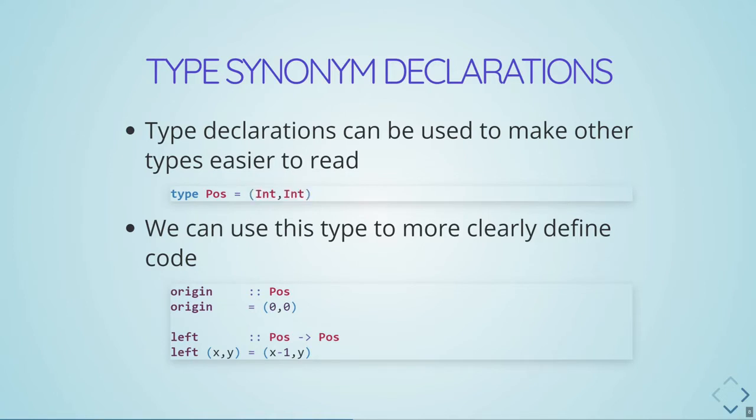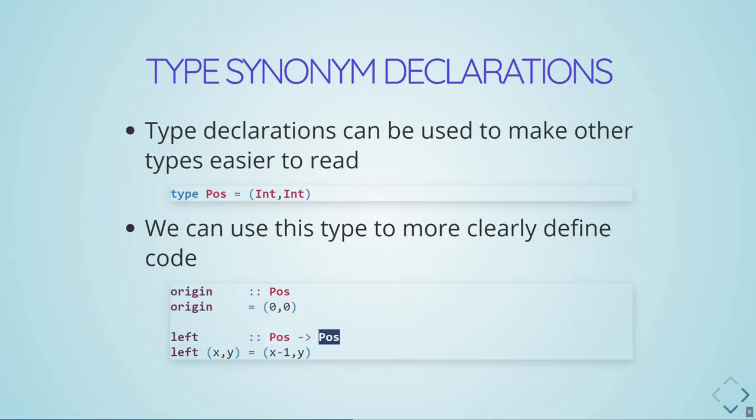And just to make things more readable, to specify what this tuple of 2 ints is, we can make a type and give it the name Pos for position, okay? And then this way, we could define different positions. We could say, oh, we have an origin, okay, that'll be the middle of the screen, which will be 0, 0. And then we could have a function left that takes a position and gives back another position.